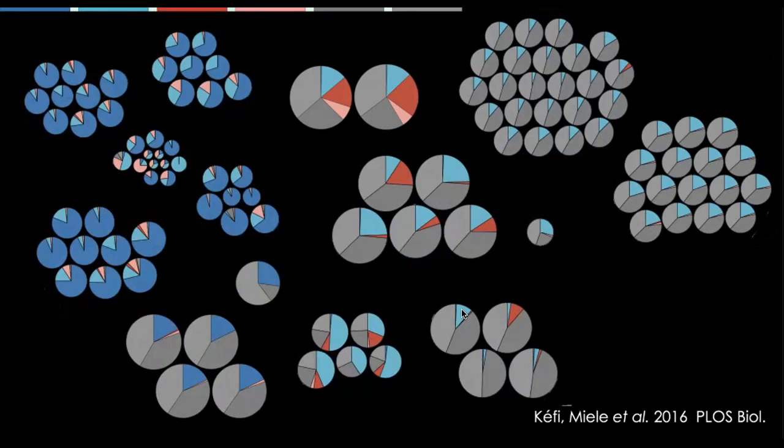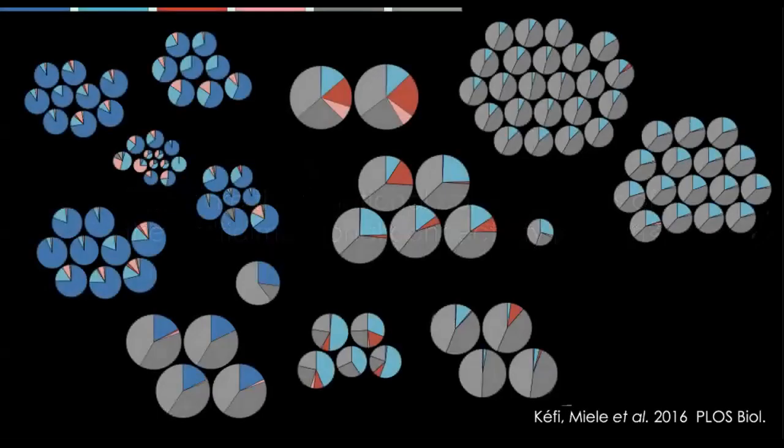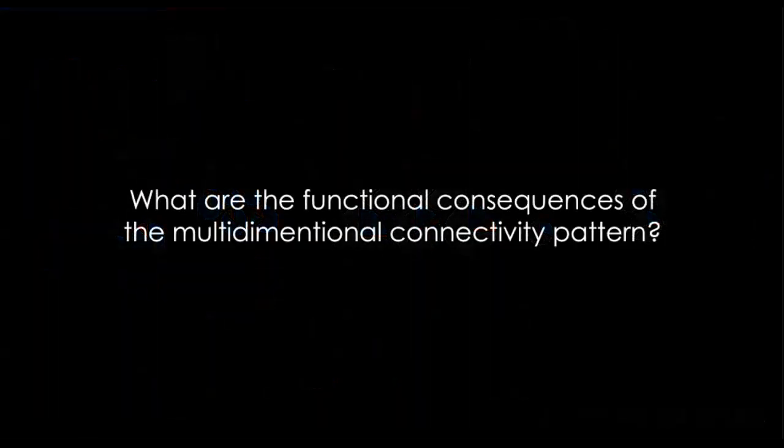But I won't go into much more detail. The question we had after getting these results was, is there some kind of functional consequence of this multidimensional connectivity pattern? Does it matter that there are 14 ways in which species are interacting with other species along these three dimensions of interaction in the Chilean web?